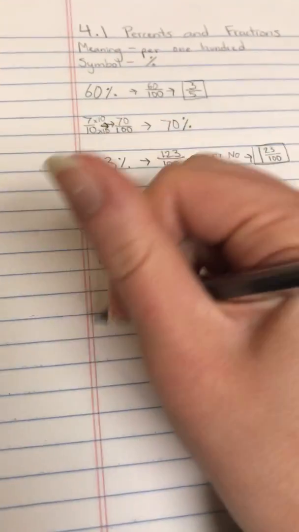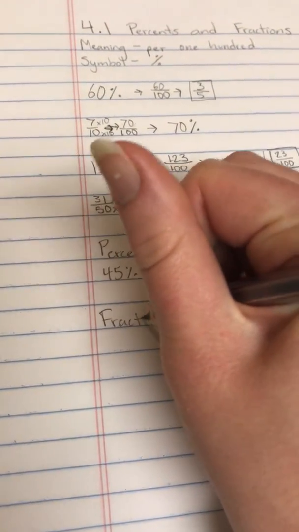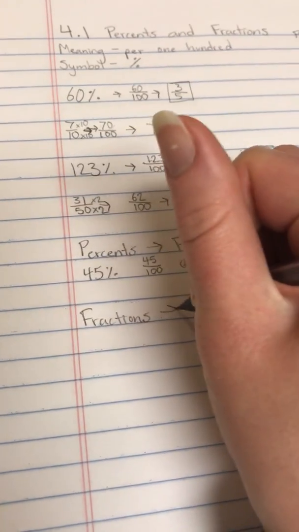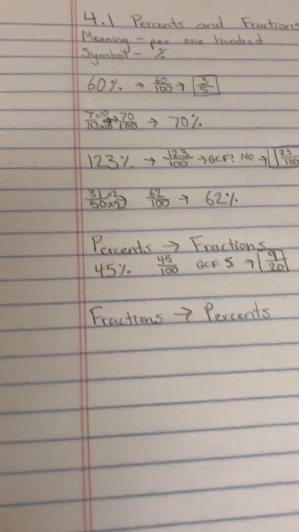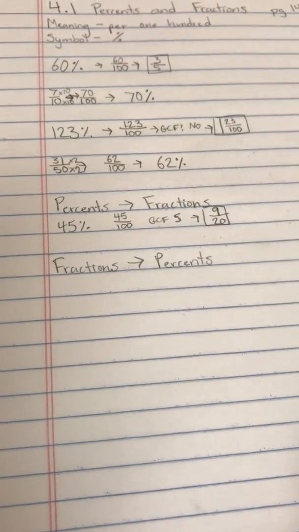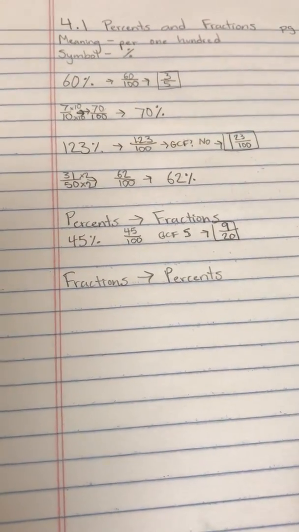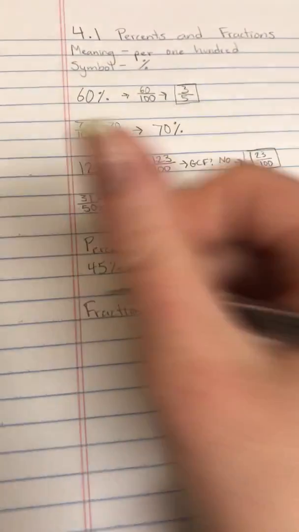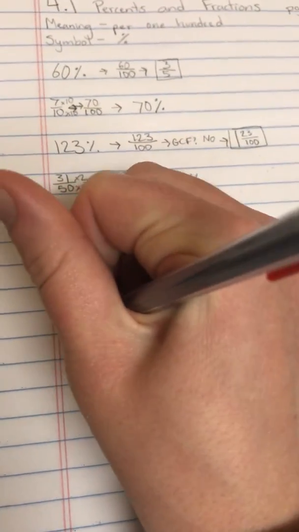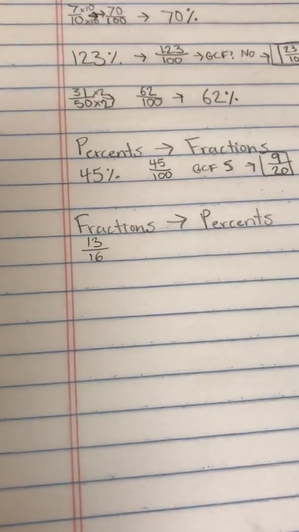Now let's move on and let's turn fractions into percents. All right, for this one, we're going to try a tricky one first off, okay, guys? This one is going to be 13/16. They give you this fraction.